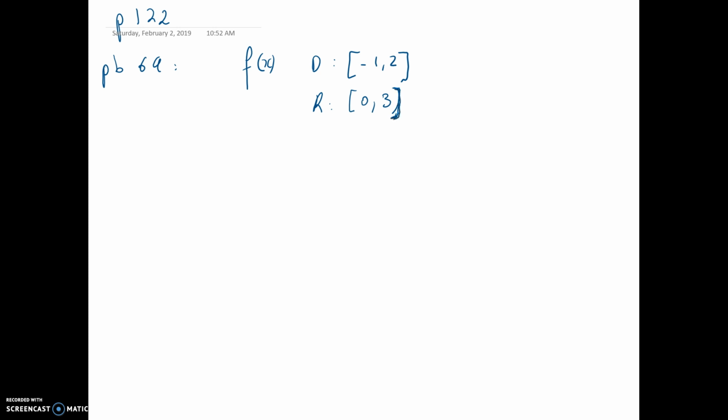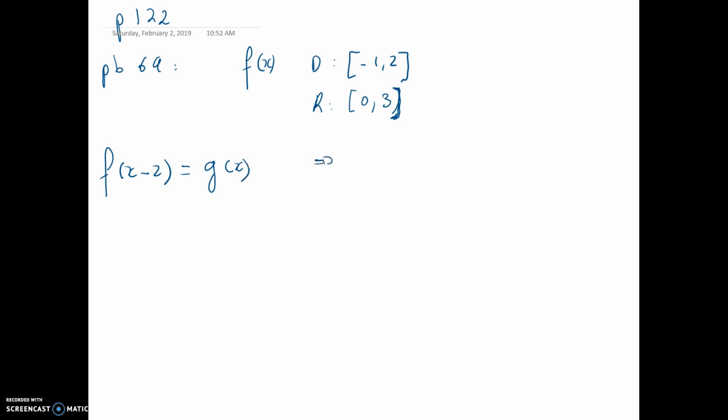But if I look at the function f of x minus 2, what is going to happen? When I look at f of x minus 2, that reminds me that this is a function g of x, and g of x is equal to f of x minus 2.